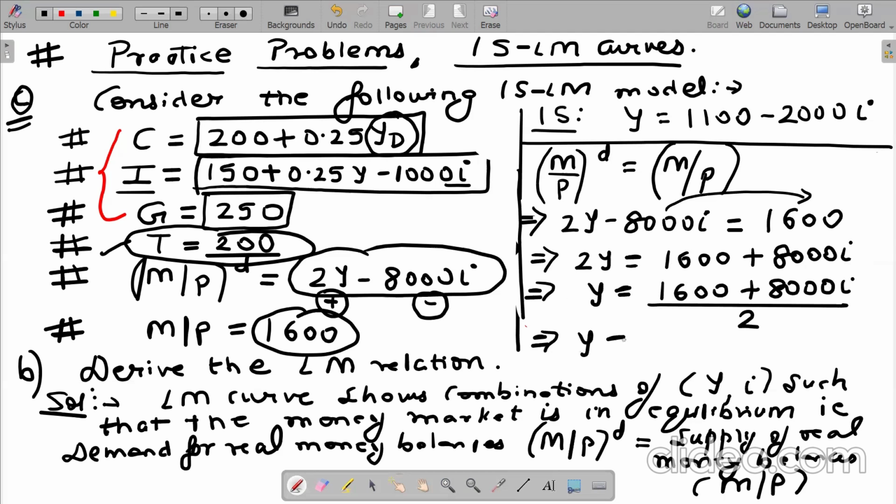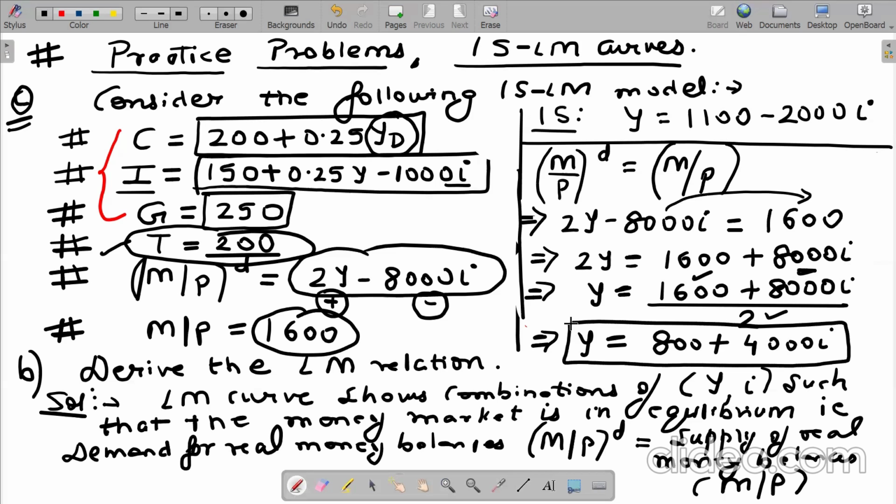I can further simplify it. 1600 divided by 2 is 800. 8000 divided by 2 is 4000. This is my equation of the LM. So we have finally got the equation of the LM curve, which is y is equal to 800 plus 4000i.